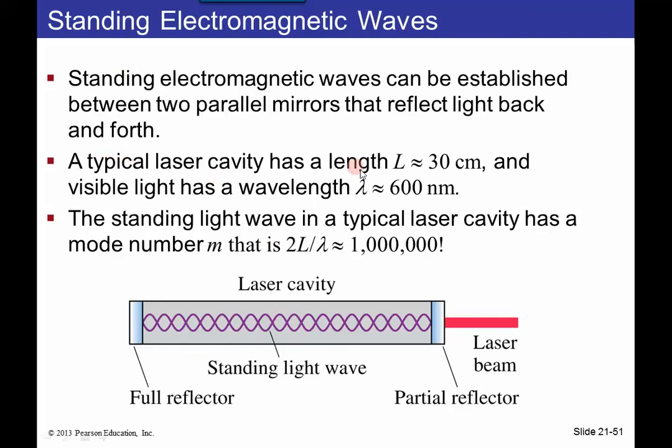A typical laser cavity has a length of 30 centimeters, about 1 foot, and visible light is roughly around 600 nanometers. So a standing light wave in a typical laser cavity has a mode number of the order of 1 million. So you would have about 1 million antinodes here.